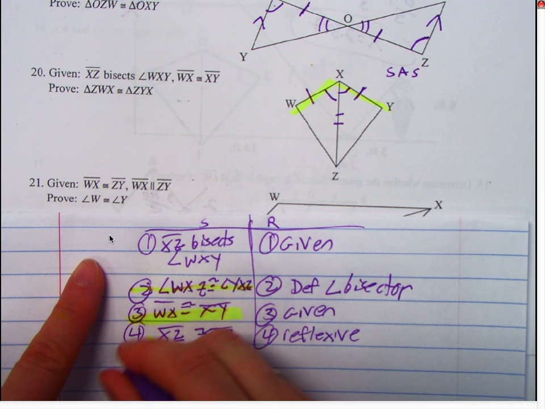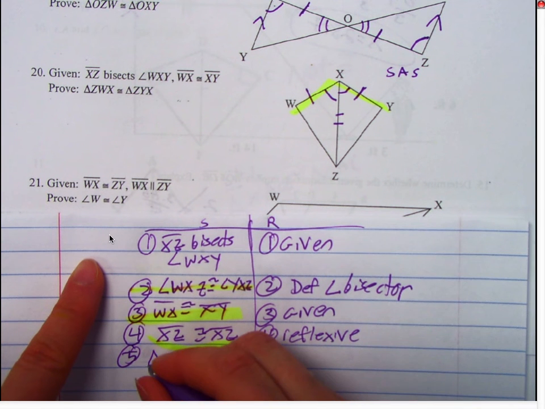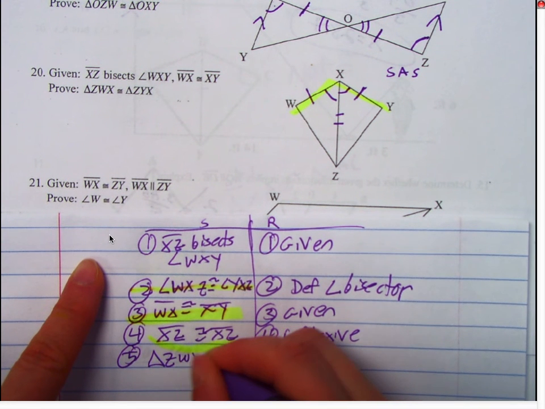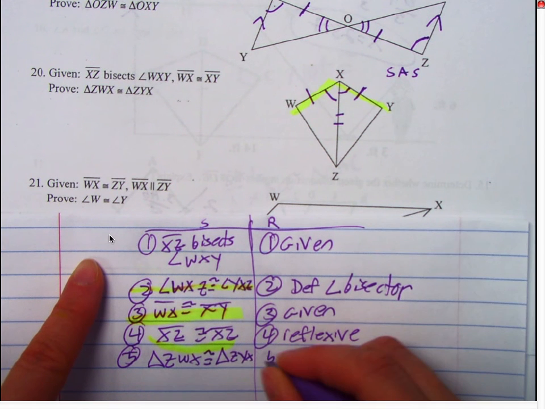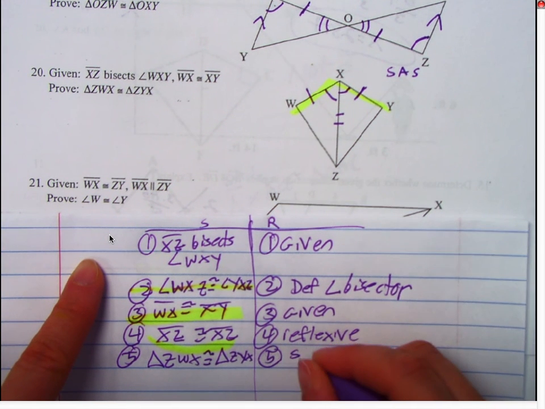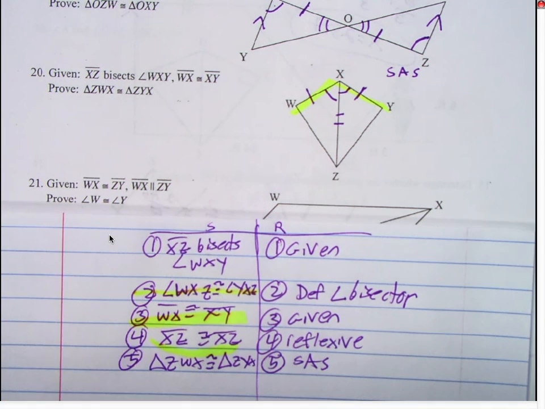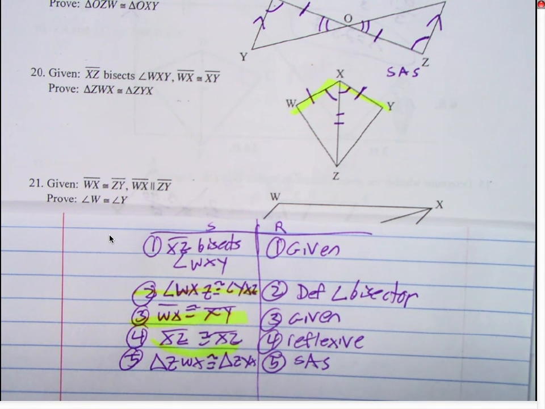And step 5, I can say triangle ZWX is congruent to triangle ZYX by side angle side. Questions about number 20? Or anybody that needs me to back up and go over 19?